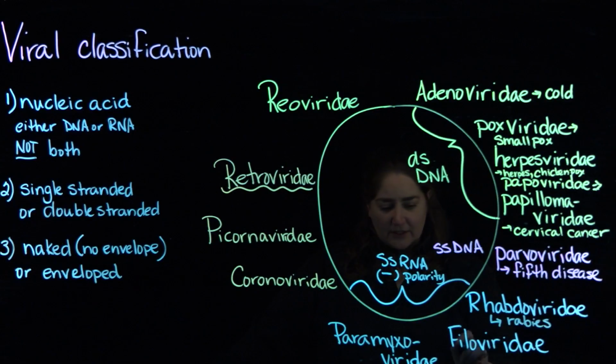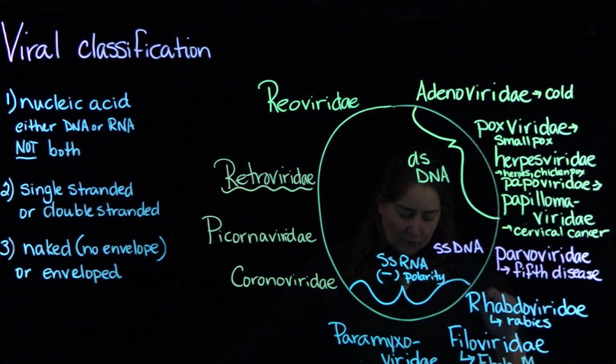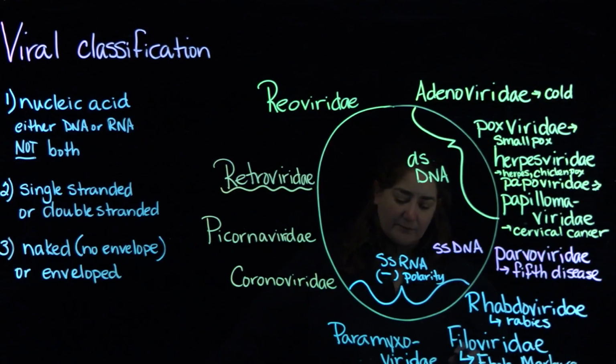The Filoviridae, this one came up in the news recently, well, maybe not so recently anymore, but with the last Ebola outbreak, and also the Marburg virus is another virus related to Ebola that causes hemorrhagic disease. So these kind of go together.